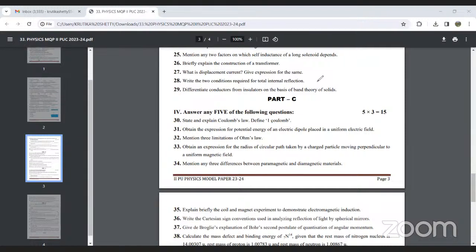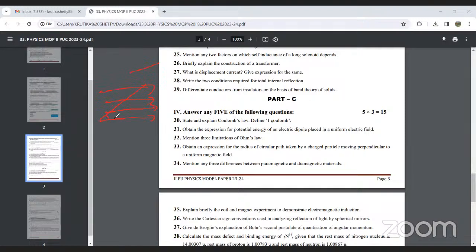Okay. So, expression for the potential energy. Potential energy is nothing but work done. From the work done, you can write the expression for the potential energy, right? See here, you need to take a dipole which is placed in the electric field.